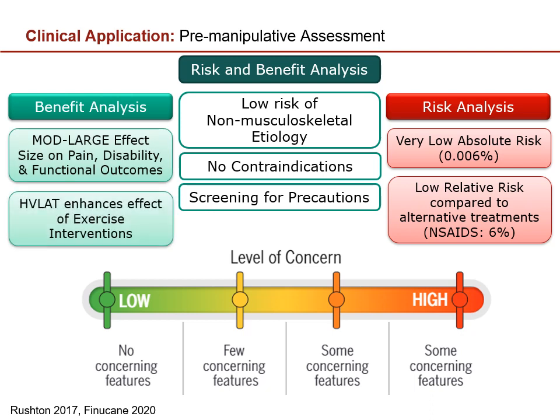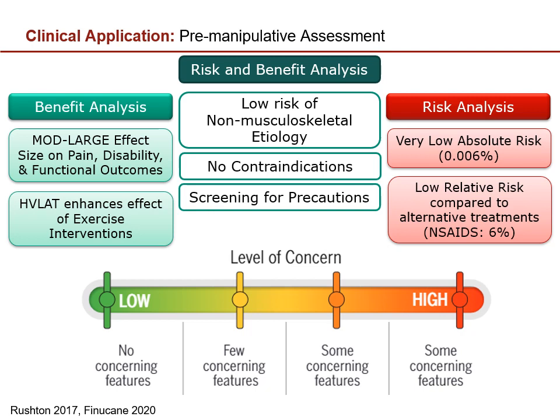And simultaneously, on the other side of the spectrum, you're looking at the benefit analysis. There are usually moderate to large effect sizes on pain, disability, and functional outcomes when manipulative therapy and manual therapy are provided adjunctively to exercise interventions and to the appropriate patient population. So where is the individual falling on the sliding spectrum that you see below of level of concern?